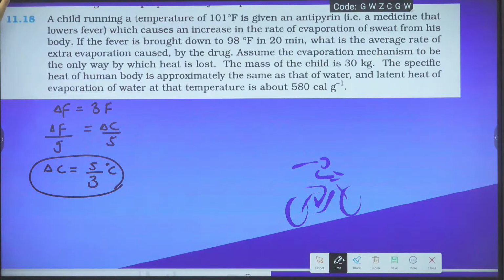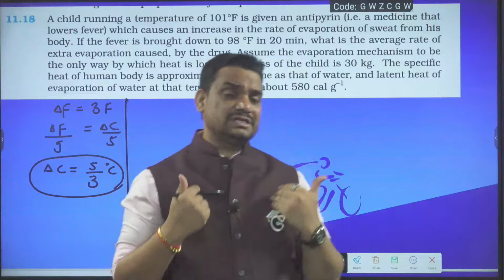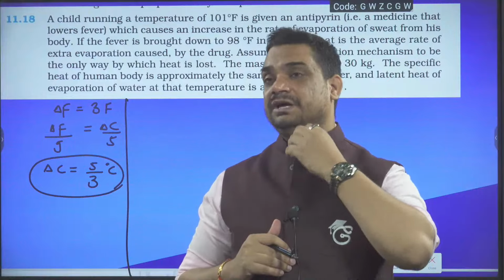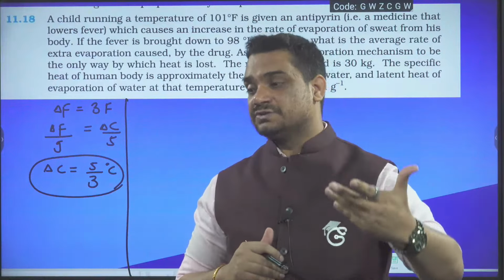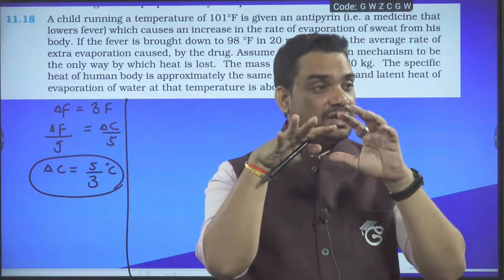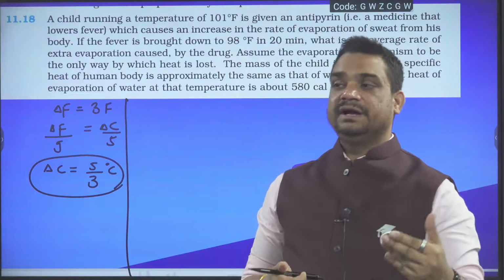Okay. Then we know what will happen basically, that from the body, why is evaporation increasing? Evaporation increased so that temperature can go down, so the body is losing fluid. That's why doctors always put some extra fluid, saline or something, so that these fluid losses will not happen in the body, fluid will be maintained.